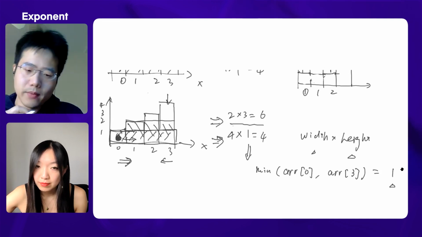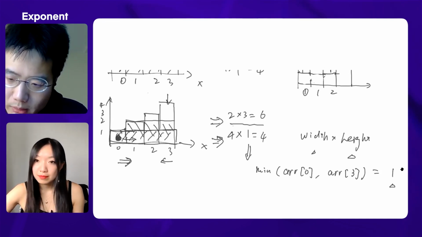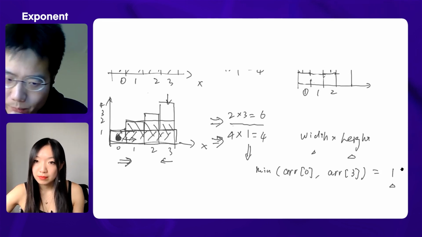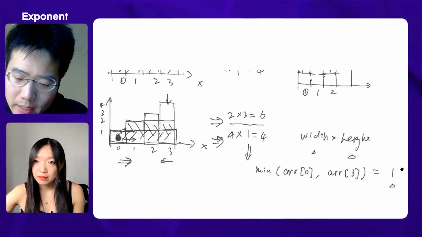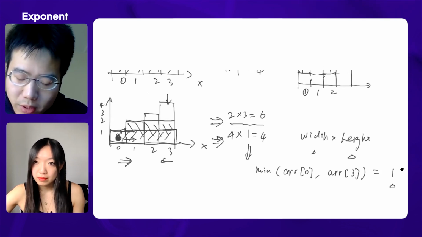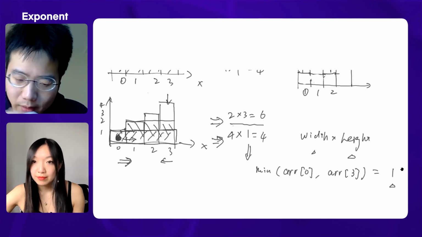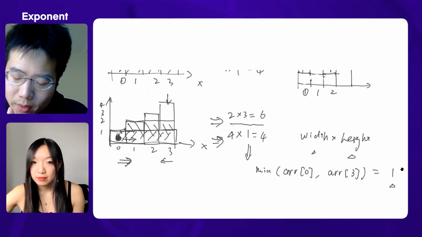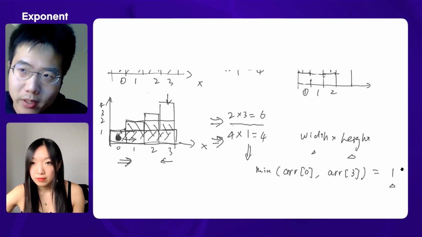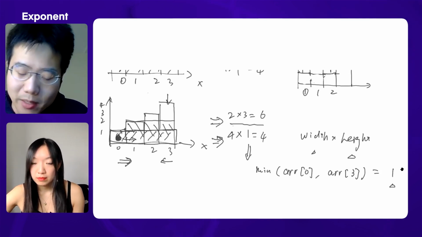If we solve this problem by brute force, we can exhaust all the container candidates with a double loop: fix the left pointer, fix the right pointer, exhaust all the solutions, and pick the best one.